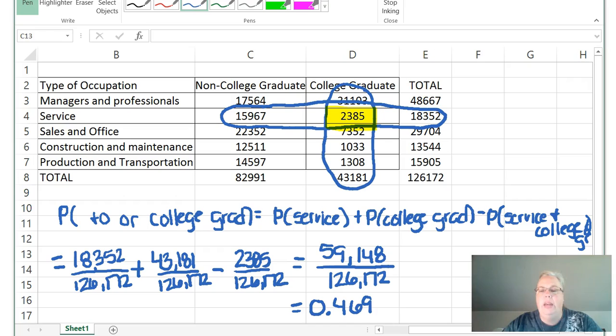And when we put that in the calculator to get the 3 decimal approximation for it, we get 0.469.